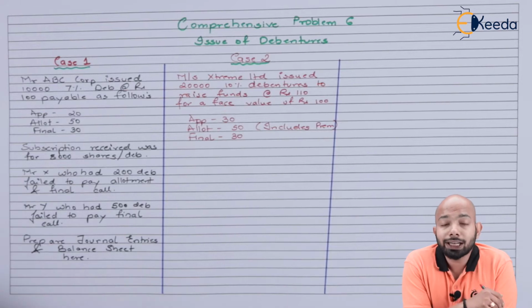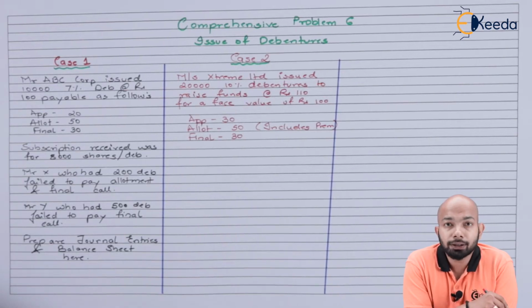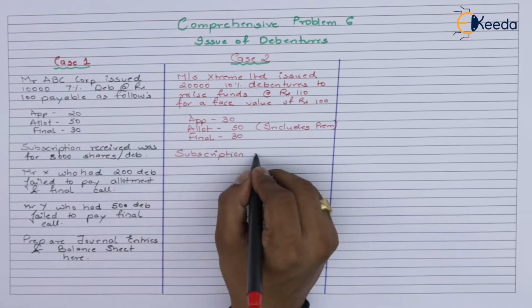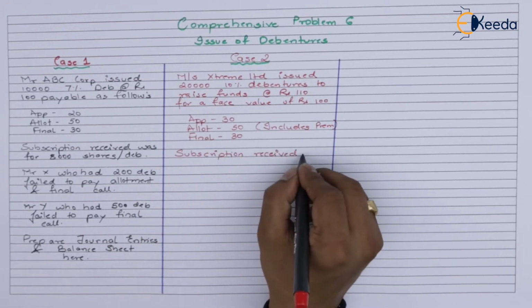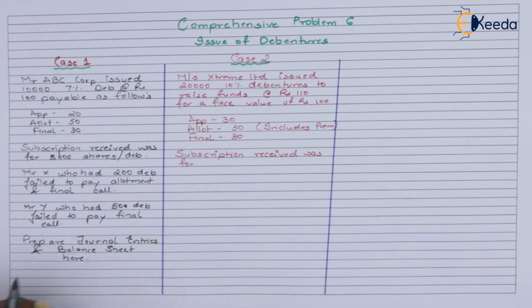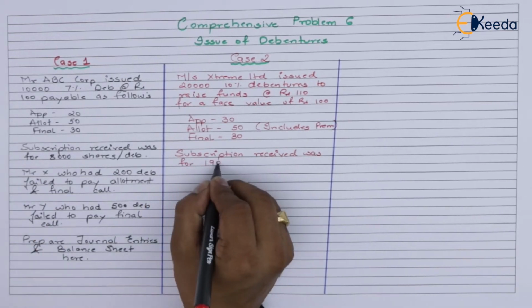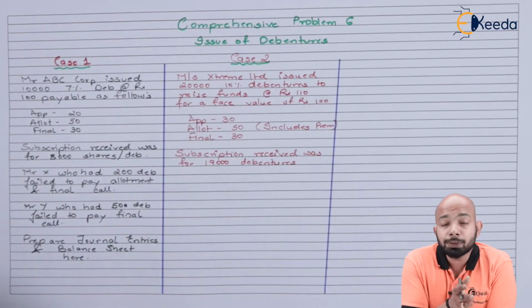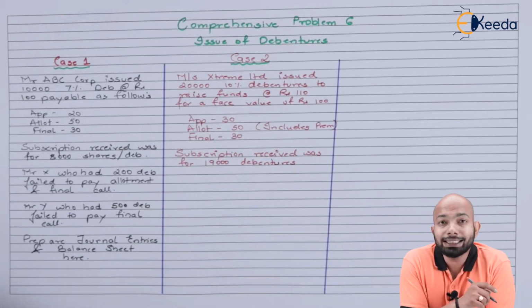Now, let's go on to the next part, whereby subscription will be a part here. The subscription they have received here was for 19,000 debentures, as they have mentioned in the question.